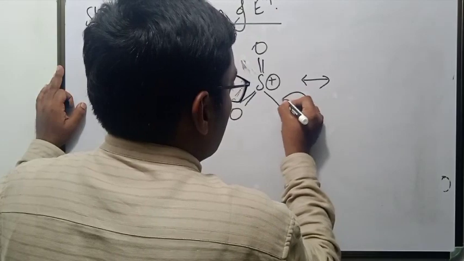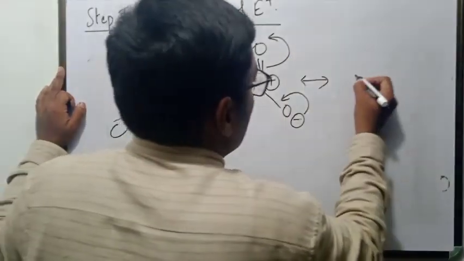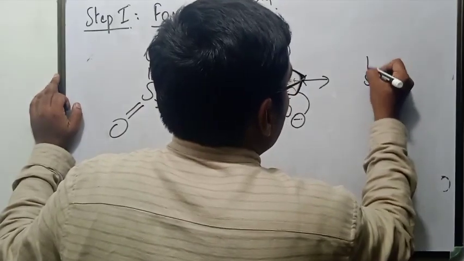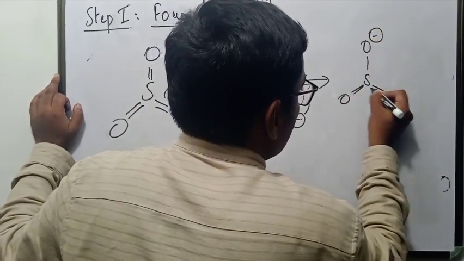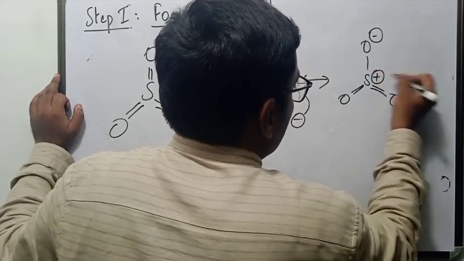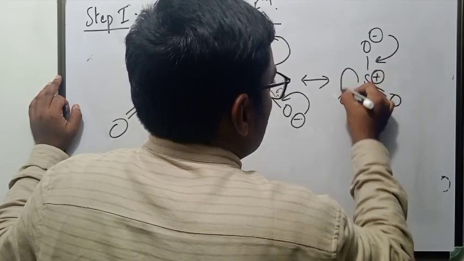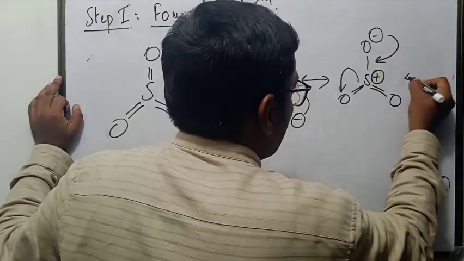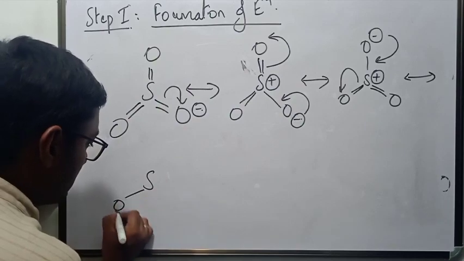This negative sign may come here, and the second oxygen pulls the electron. So what would be the net result? It would be this. Now the third oxygen pulls the electron, and it would become something like this.